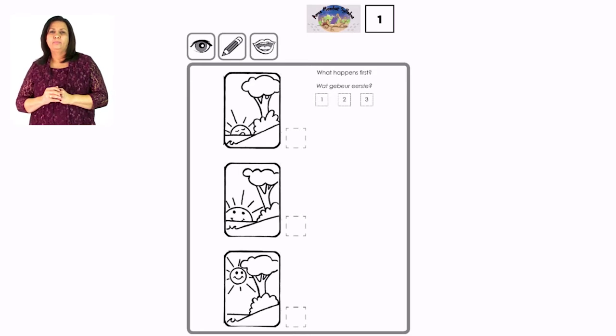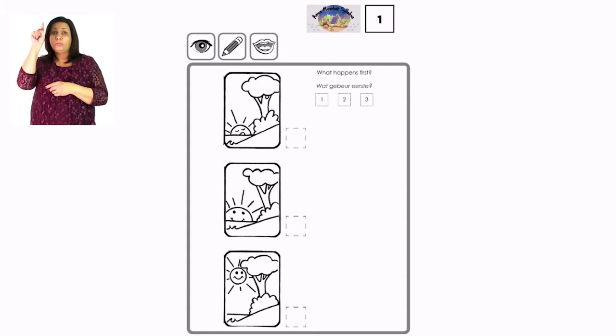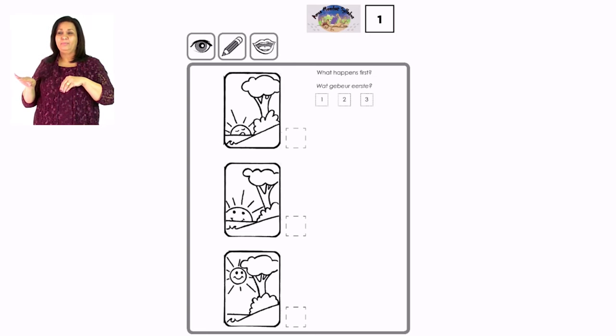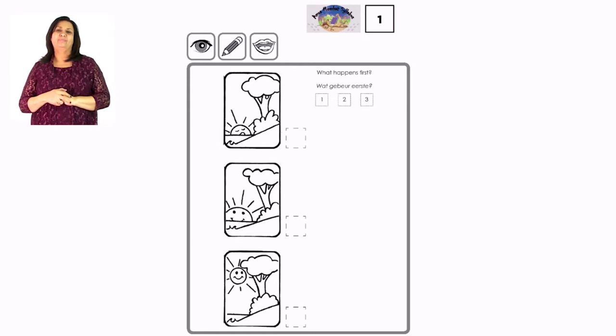Now let's look at the picture right on the top. The picture on the top tells us the sun is ready to go to sleep. It's time for sunset. So that is our number 3 picture. That is what happens last.